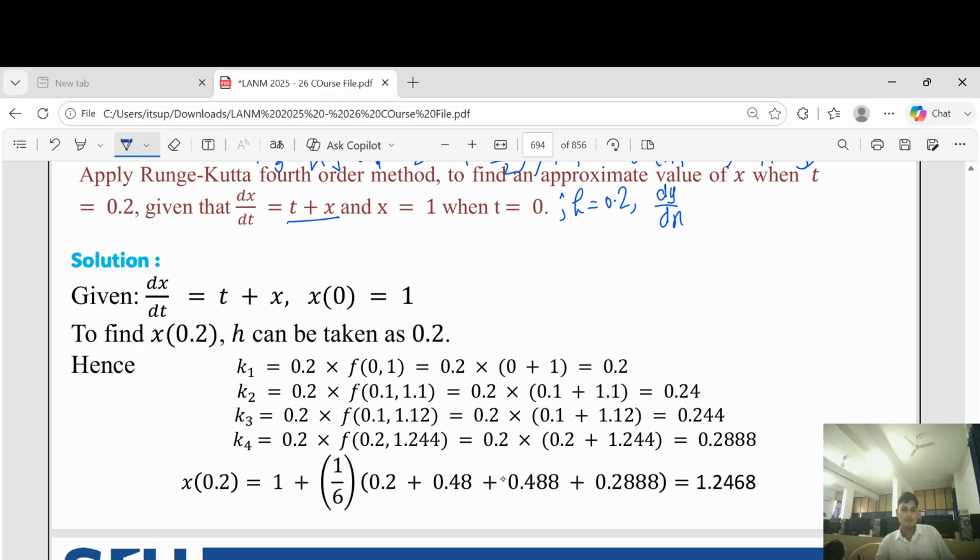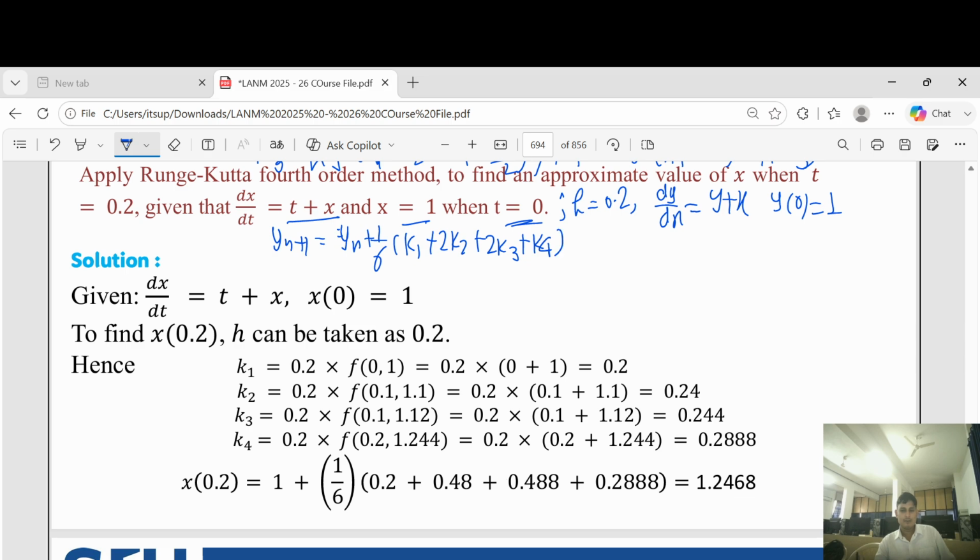For more convenience, we write dy by dx is equal to y plus x, and y0 is 1, this is the initial condition. So all the information is given. You write the formula, yn plus 1 is equal to yn plus 1 by 6 k1 plus 2 k2 plus 2 k3 plus k4.